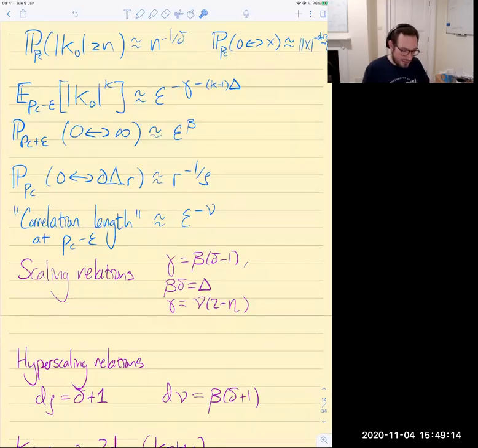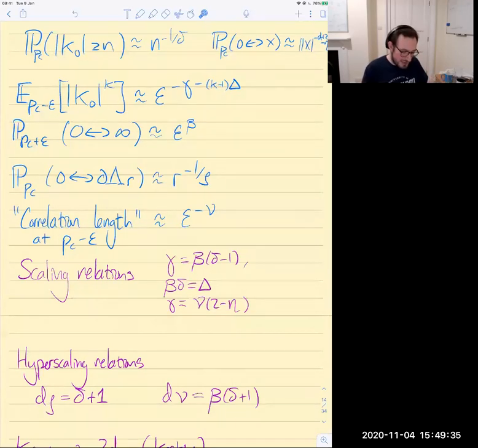It says that the two-point function is like x to the minus d plus 2 minus eta. And nu describes the correlation length. The correlation length is the length at which you start to see that the model is subcritical.